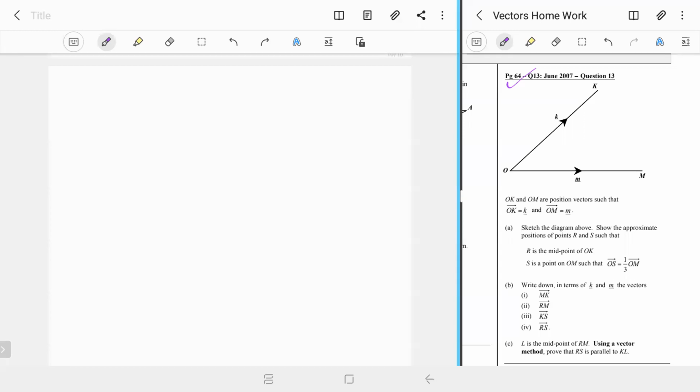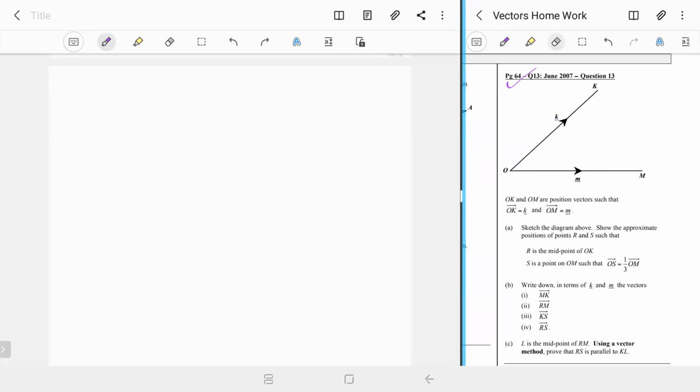All right, let's see what they say now. The question says, OK and OM are position vectors such that OK is small k and OM is small m. So then put them on the diagram here. OM is this small m right here, and this vector OK is this small k right here.